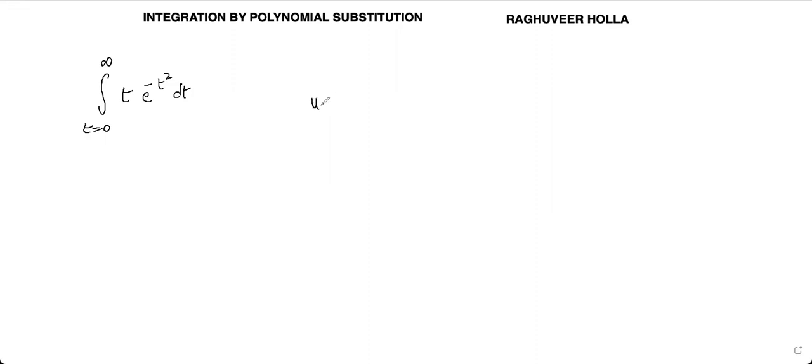So let us take u as t square. So du will be 2t into dt, right?